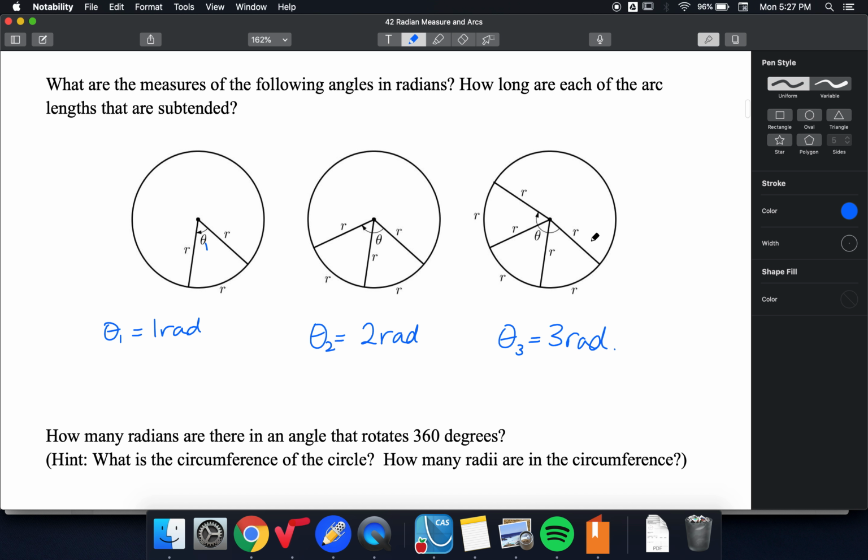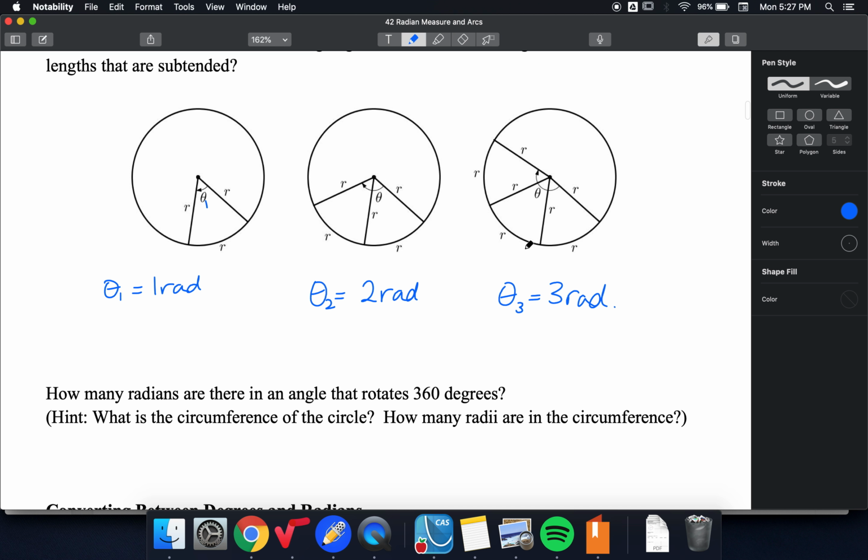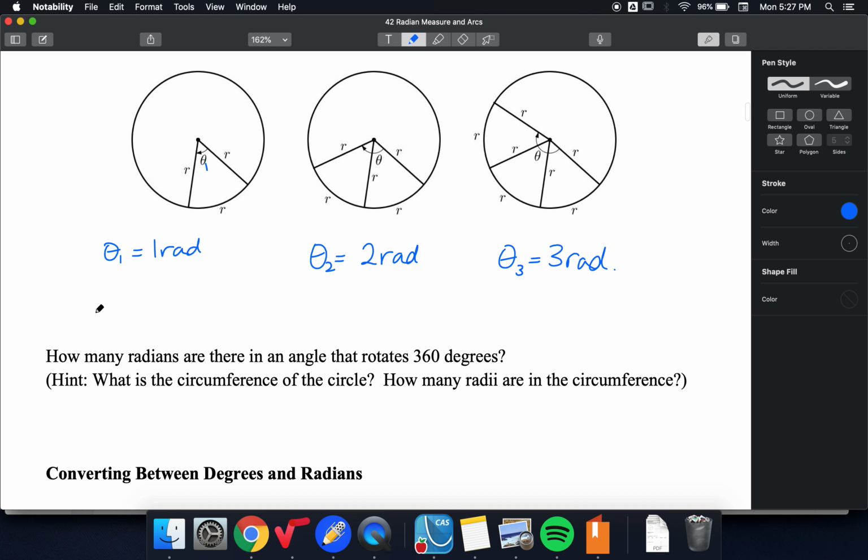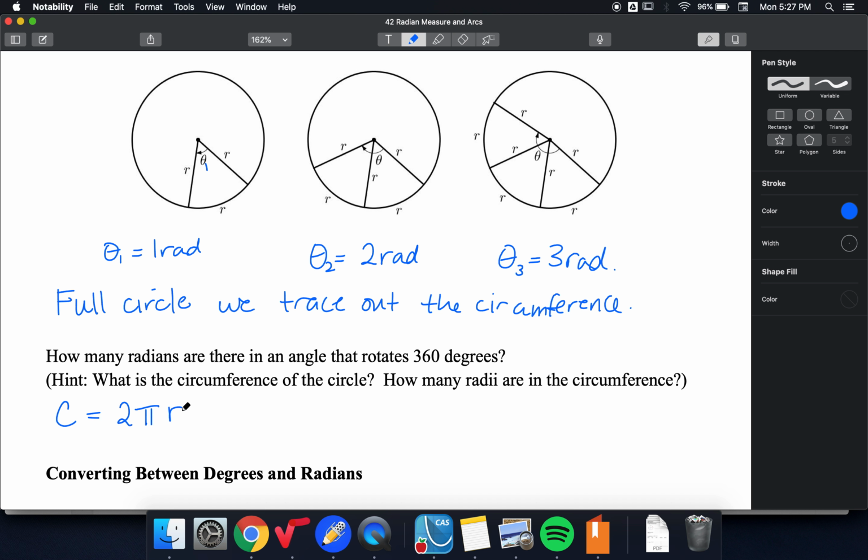So if we went the full circle, well, we'd be tracing out the circumference. So in a full circle, we trace out the circumference. Well, we know a full circle has a circumference of 2 pi r, where r is our radius.